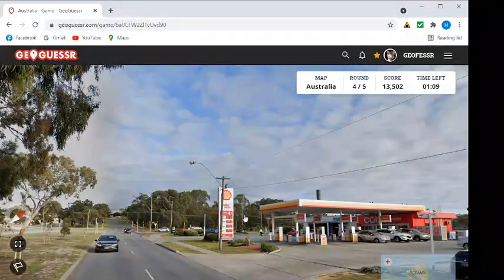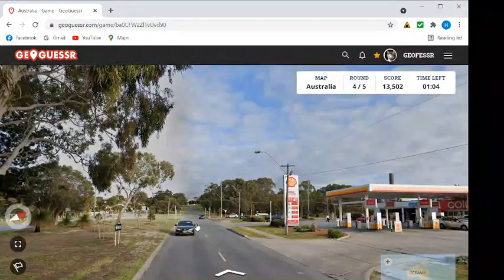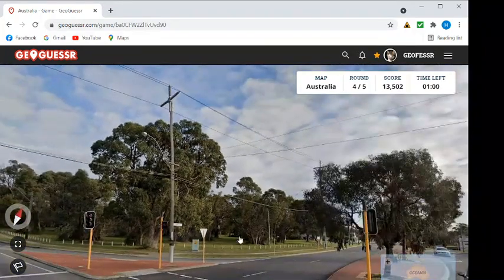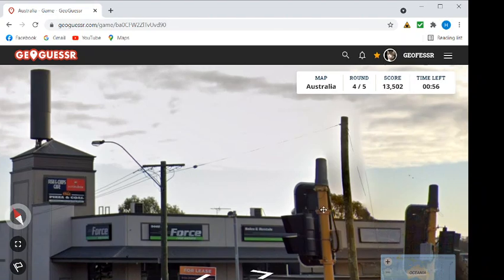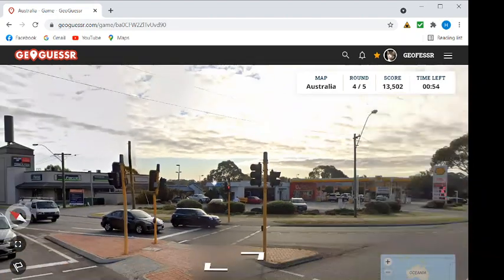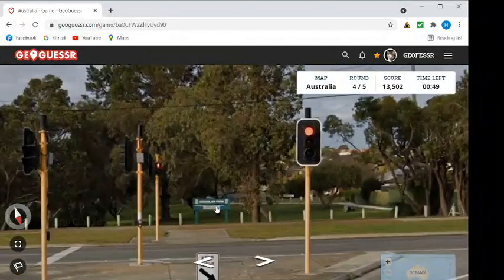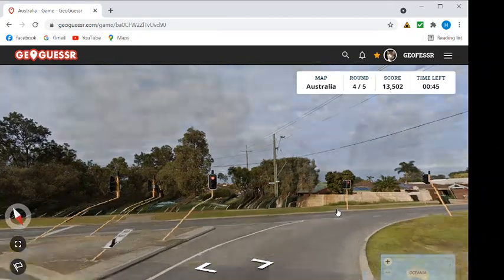Coles Express, about $1. I'm thinking that's per liter. I think an Australian dollar is smaller than a US dollar, but not by a large amount. Similar in size to Canadian dollars. Greenlaw Park.